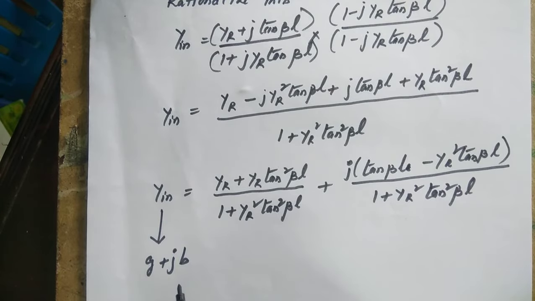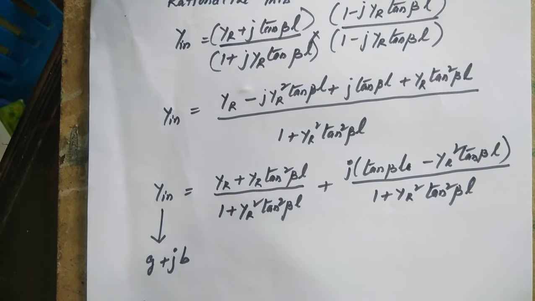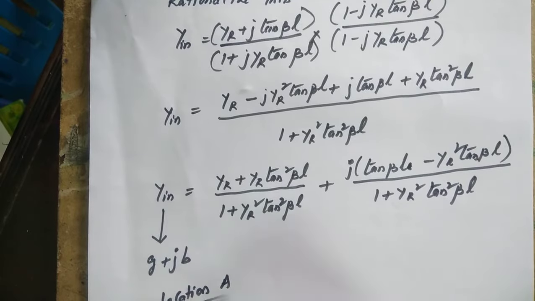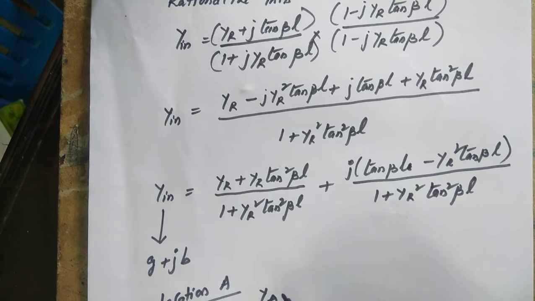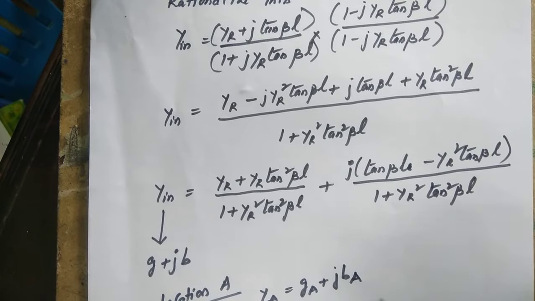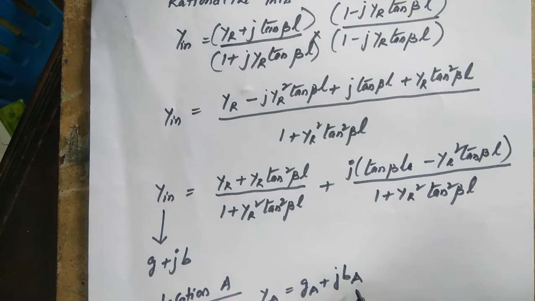And here at location A, this admittance YA at position A can be written as GA plus jBA. B is the susceptance for a stub which is placed at position A.